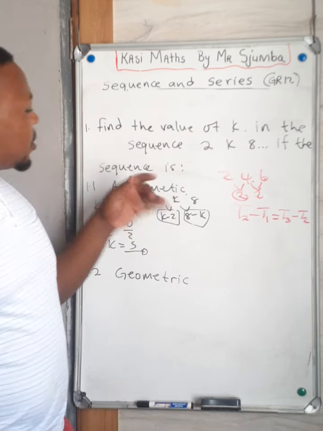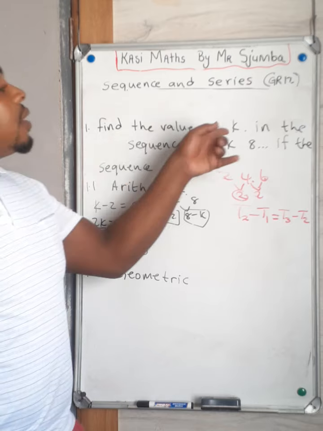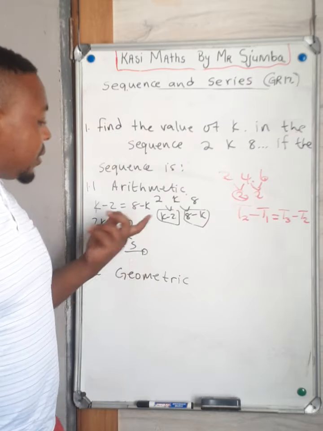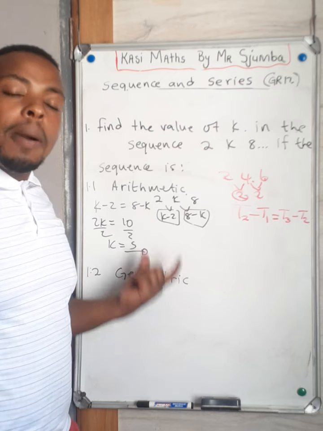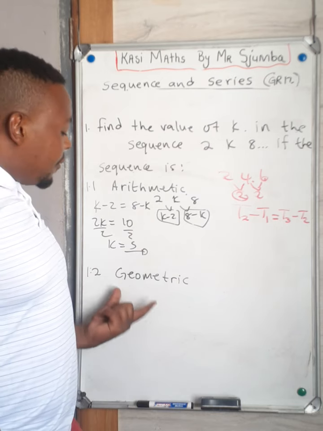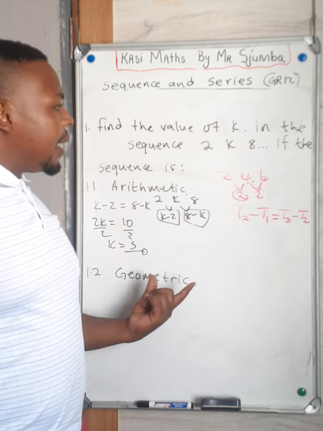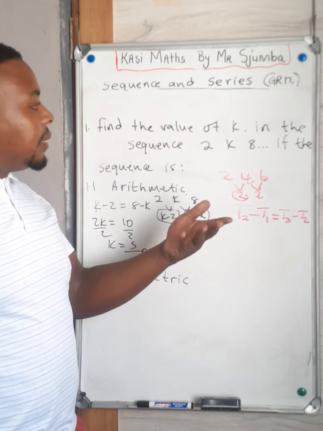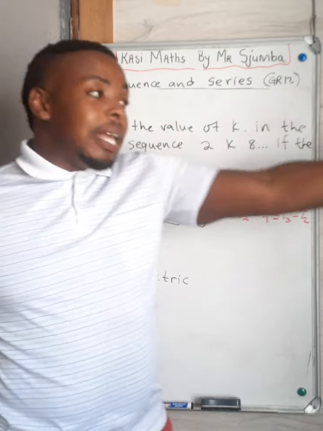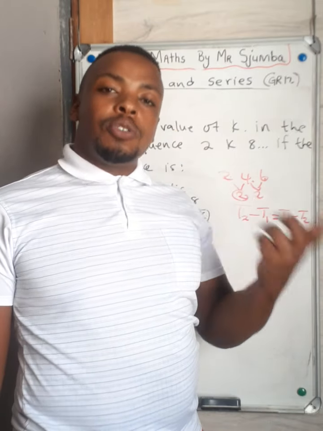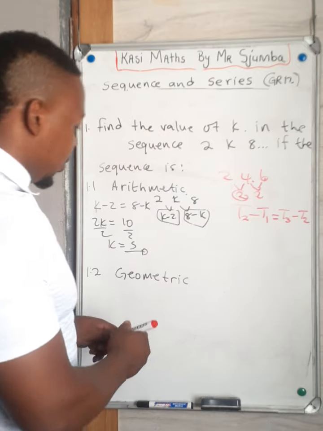Okay. So it is the same sequence. We're looking for another value of k now, if the sequence is geometric. If it's geometric, it means if we take an item and divide it by the item before it, we get a common ratio.